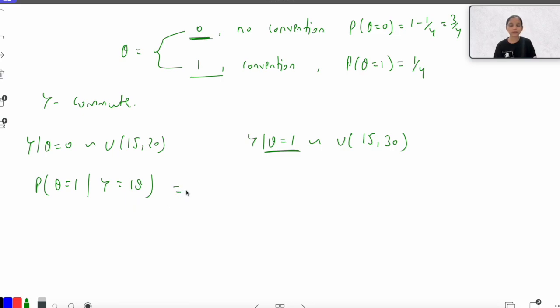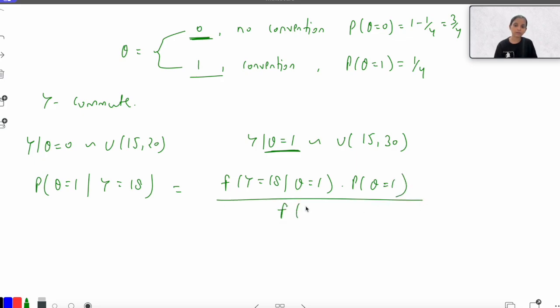Let's expand it: that will be f of Y equal to 18 given theta equal to 1, times probability theta equal to 1, upon f of Y equal to 18. What will be the PDF of Y given theta is equal to 1?